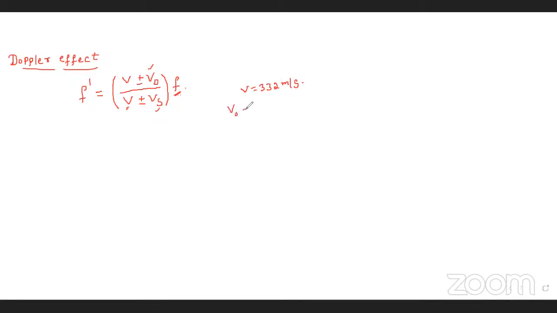What is V naught? V naught is the velocity of the observer. Vs is the velocity of the source.